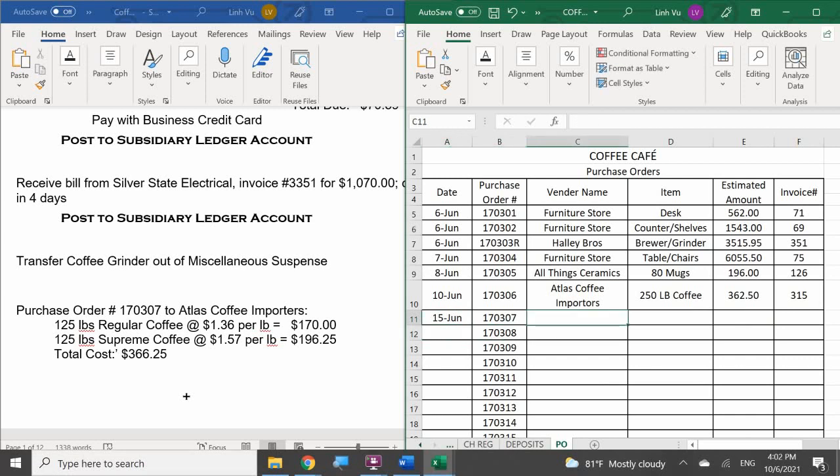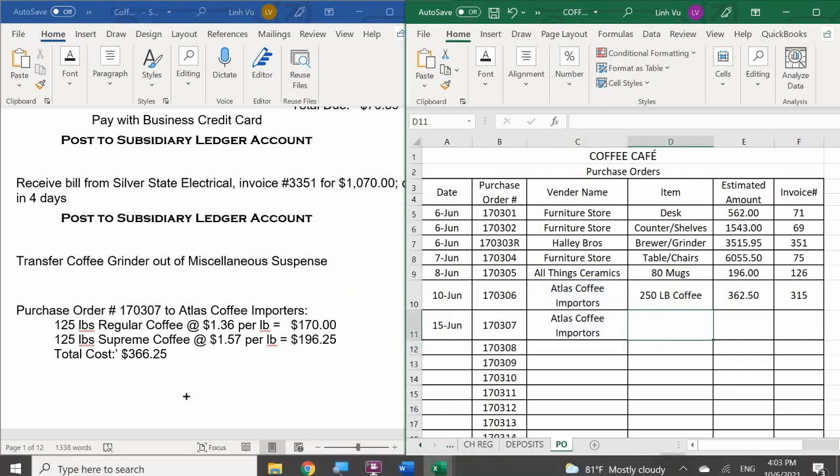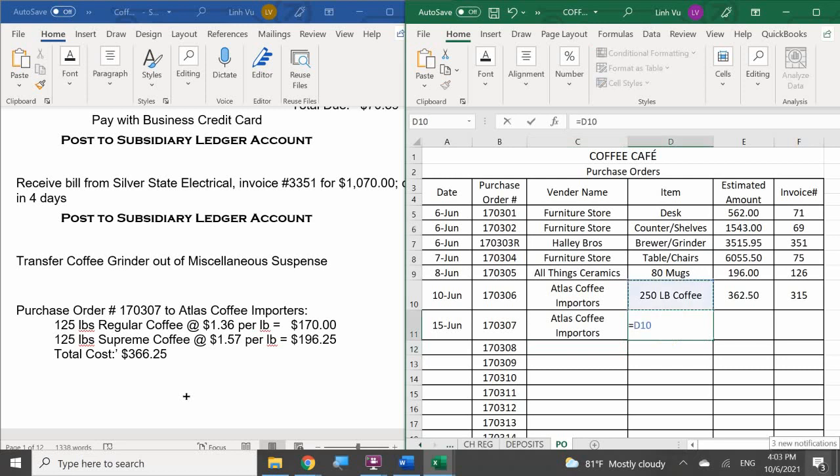Automatic, that's the purchase order. They said it is the 307 purchase order. So we have 125 pounds of coffee. Actually, totally 250. Whatever you want to put here doesn't matter, because either you could say I bought 1 pound of this and 1 pound of that.